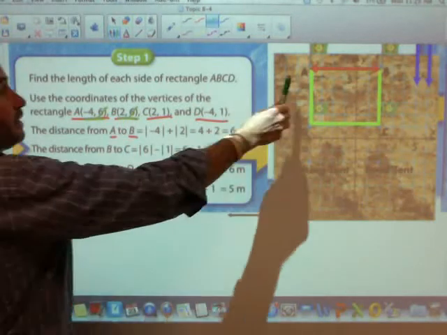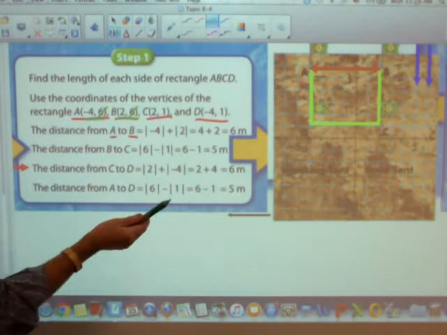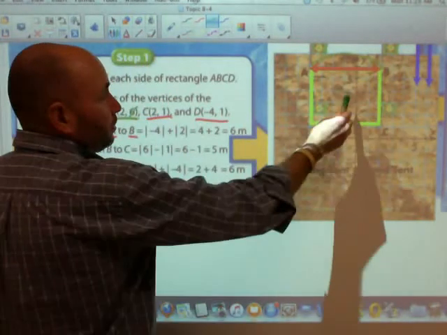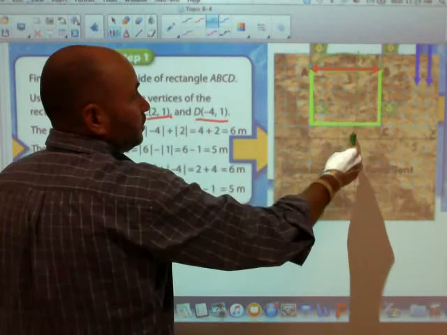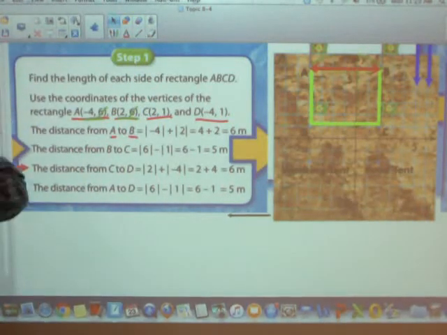That means that they run parallel with the x-axis. Our distance is going to be from A to B, and remember, it crosses over the y-axis, so we're going to use subtraction.